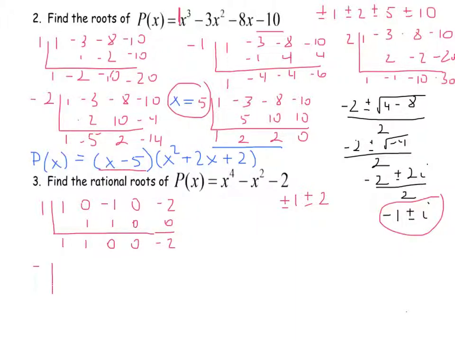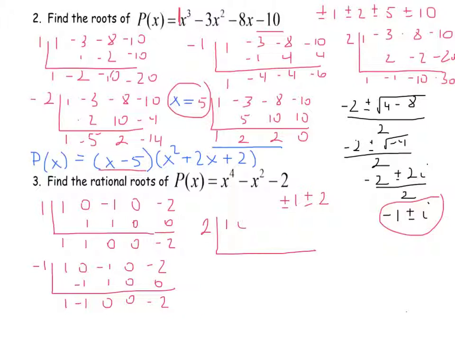Then I go for negative 1: 1, 0, negative 1, 0, negative 2. 1, negative 1, negative 1, 1, 0, 0, 0, 0, negative 2. Then we go for 2: 1, 0, negative 1, 0, negative 2, 1, 2, 2, 4, 3, 6, 6, 12, and 10.